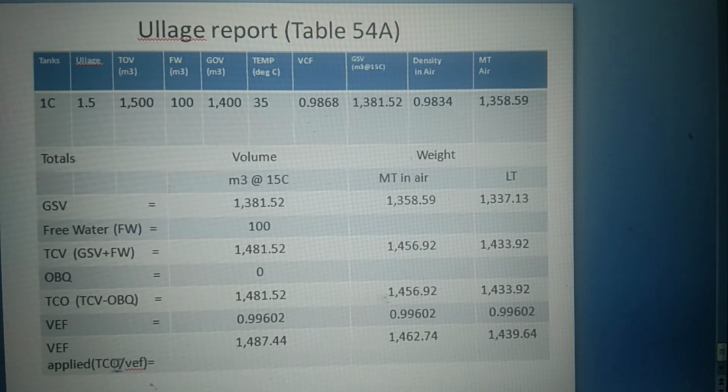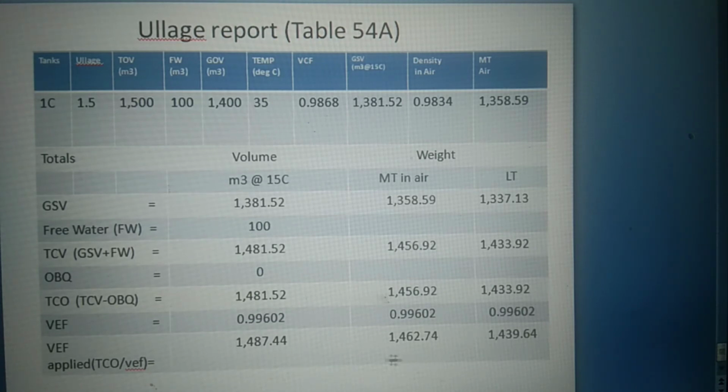Okay, so our total cargo on board with BEF applied is 1487.44 cubic meter at 15 degrees centigrade.